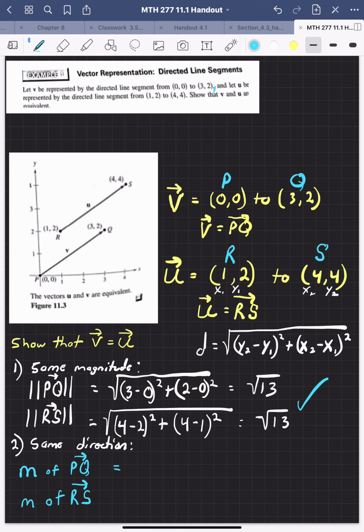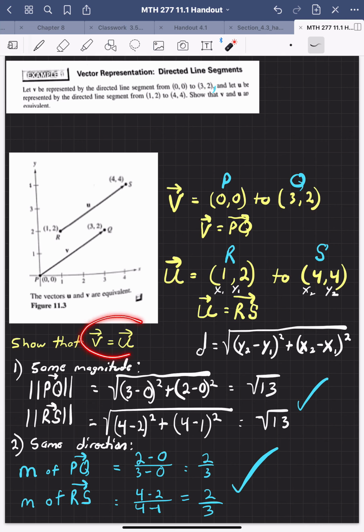So we're going to get 2 minus 0 over 3 minus 0, and we're going to get 4 minus 2 over 4 minus 1. So we end up with a slope of 2/3 for the vector v, and we end up with a slope of 2/3 for the vector u. So we have met both criteria, and now we do get to make the statement that vector v is equal to vector u.